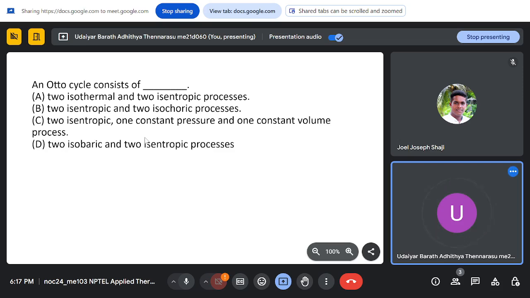We have reversible adiabatic compression, then constant volume heat addition, that is isochoric, then adiabatic expansion, that is isentropic, then constant volume heat rejection. So you have 2 isentropic and 2 isochoric processes. So the answer is option B.